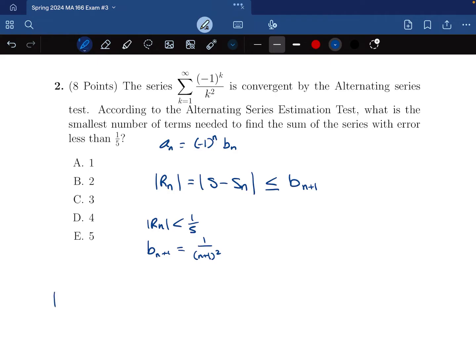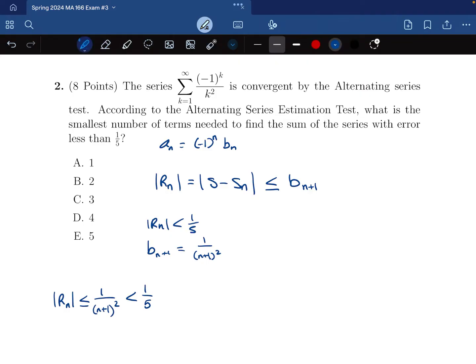So now, since we want Rn to be less than 1/5, and we know that the Rn is less than the Bn plus 1, we can say the following. And we want all of this to be less than 1/5. Okay, so essentially the important part now is, now that we have this relation, we can use this to solve for n.